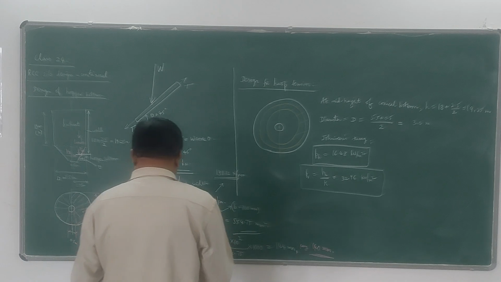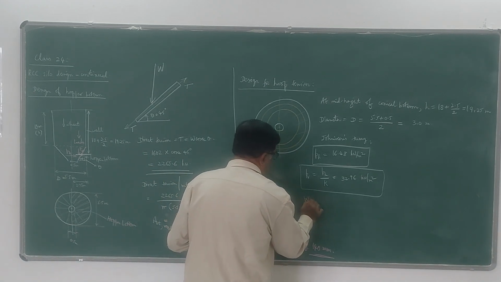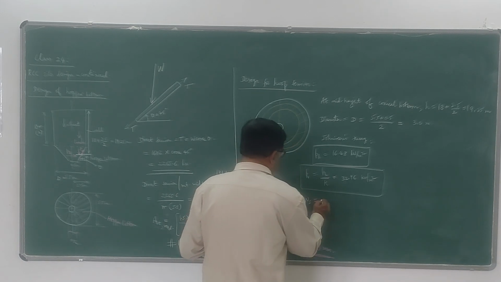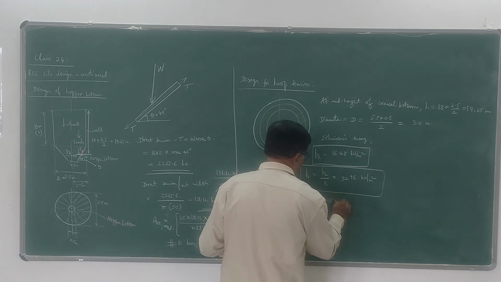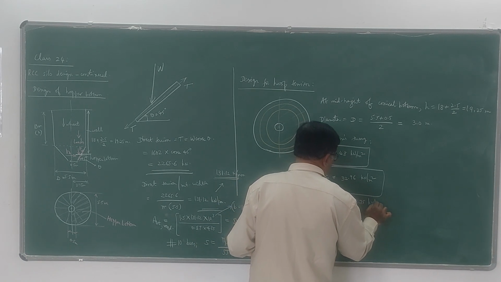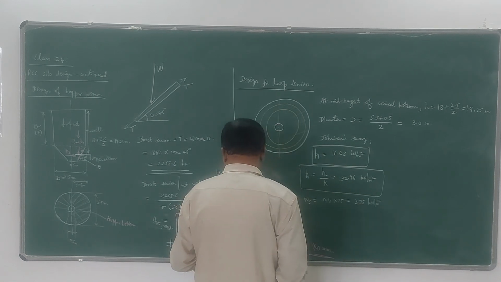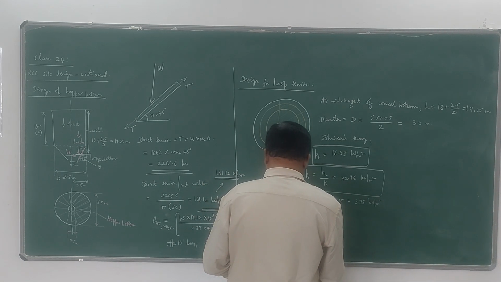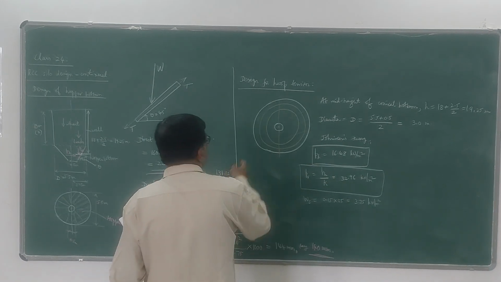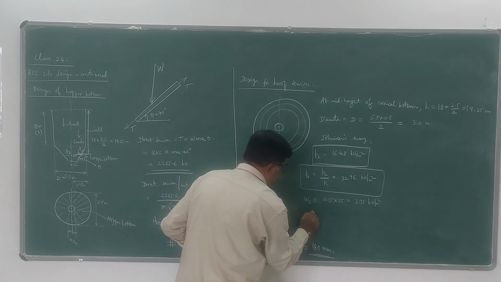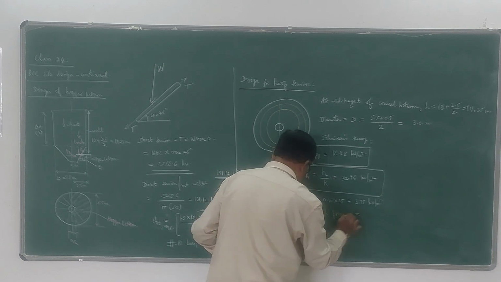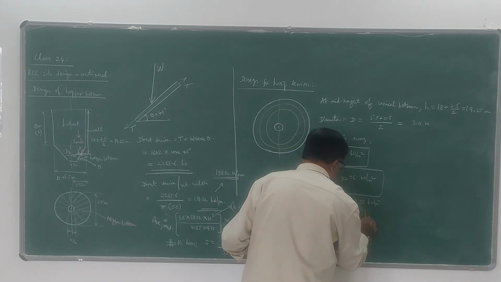Now the self weight of that hopper bottom is 0.15 thickness multiplied by 25, so it comes out to be 3.75 kilonewton per meter square. Then we have to calculate the normal pressure acting on this portion, given by Pn.